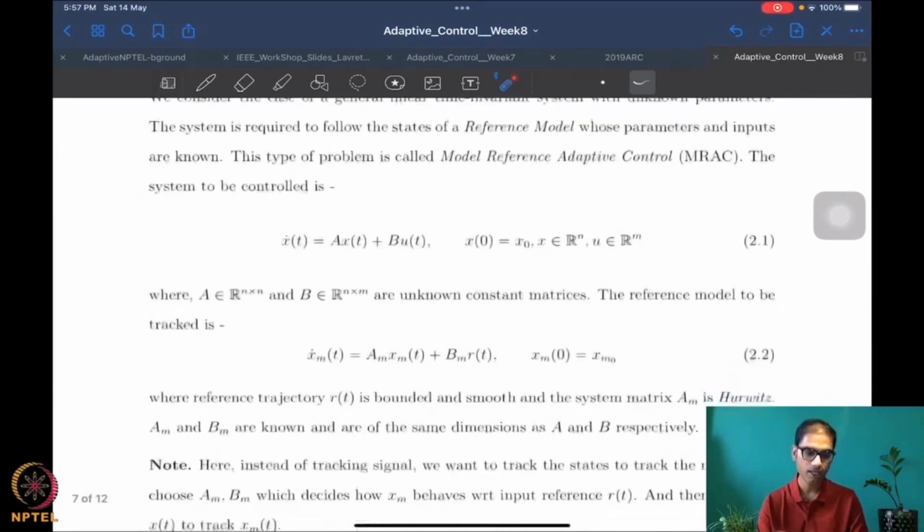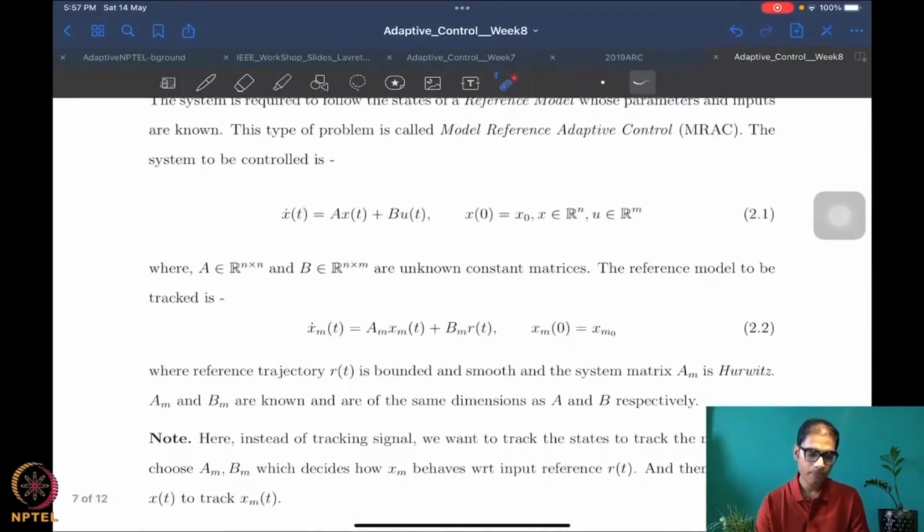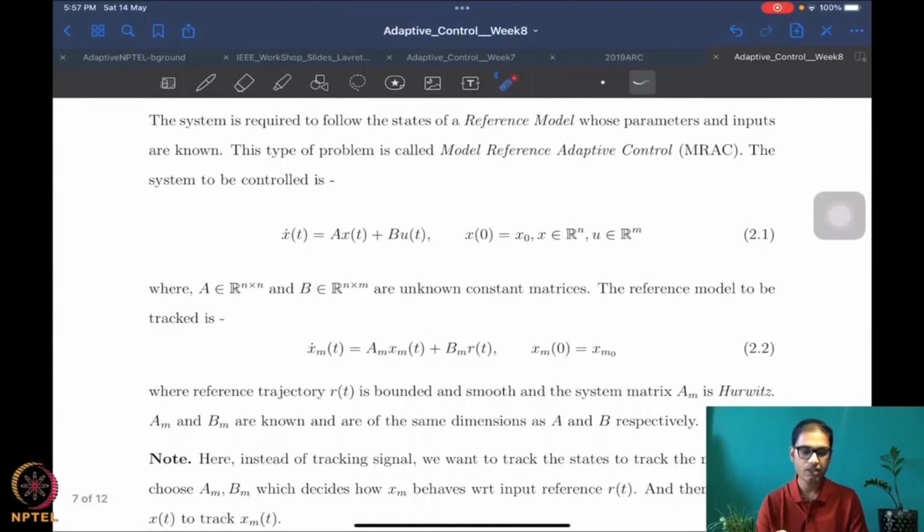Okay, great. So here, instead of x trying to follow some r, right? That's the typical thing, x following r, or x goes to r as time goes to infinity, is what we have been looking at until now.